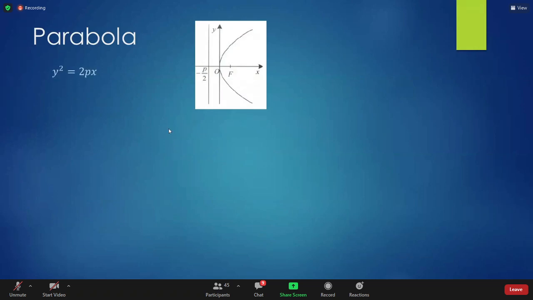So the canonical equation, y squared equals 2px, where we notice an interesting thing, that we do have y squared. It is still a second order curve, but we do not have an x squared here. So that's the interesting moment for parabola.